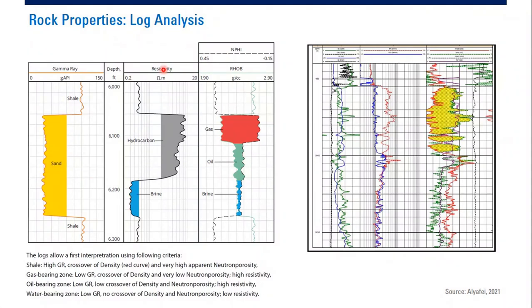Then with resistivity, we can know zones with high and low resistivity. Low resistivity usually means brine or water. High resistivity usually means hydrocarbon. But we can only distinguish hydrocarbon with the resistivity log. We cannot distinguish oil from gas.